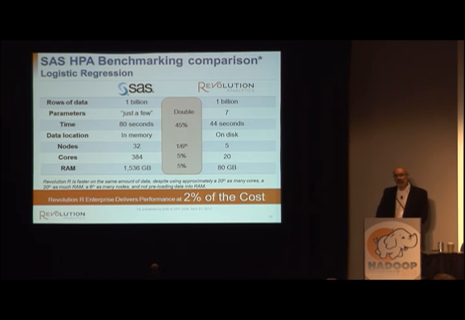The data started out on disk, which is where we read the data from, as opposed to the SAS benchmark where the data started out in memory. And we found that we were able to complete that model in 44 seconds. So we had excellent performance, actually beating the SAS benchmark. And we estimate that we have delivered that performance at approximately 2% of the cost of the SAS solution.